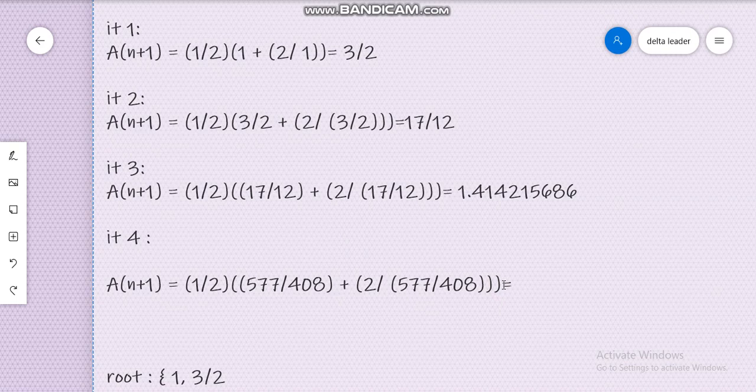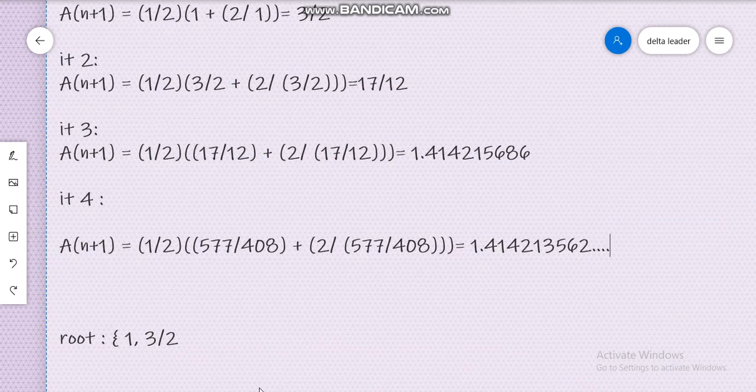So the new value is 1.4142135562, and so on.